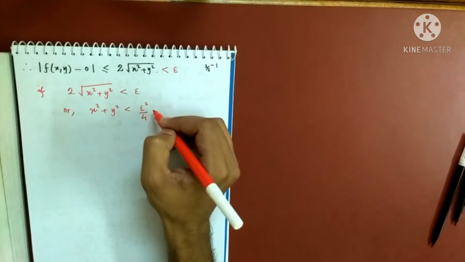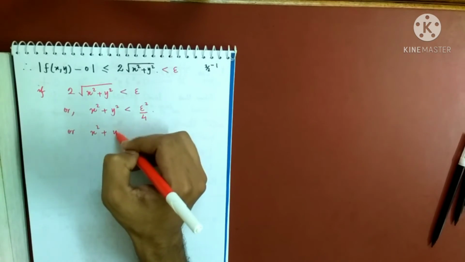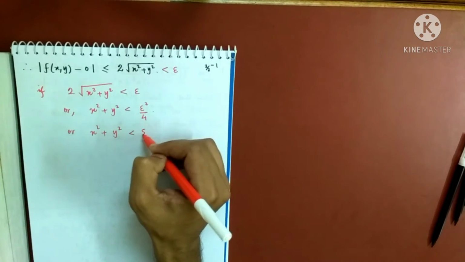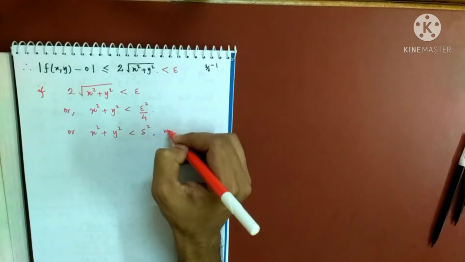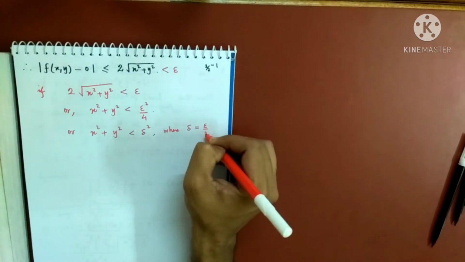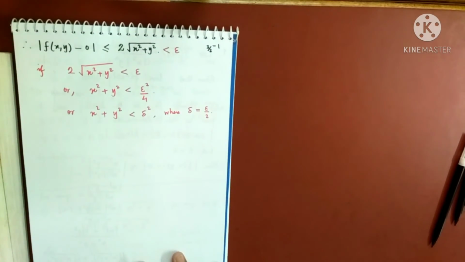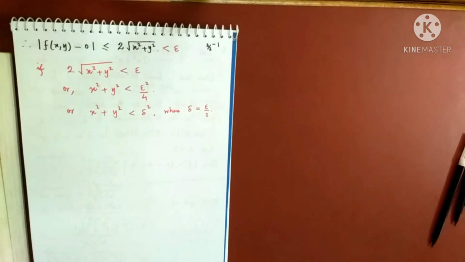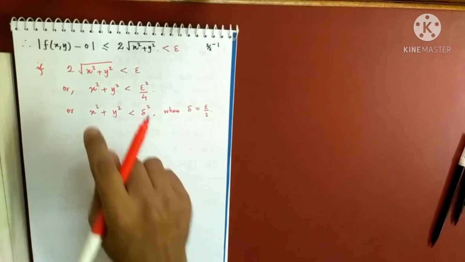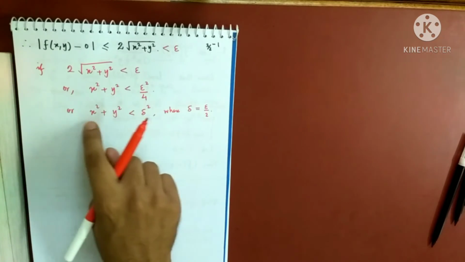So this can be written as x square plus y square is less than delta square, where delta equals epsilon by 2. So delta square will be epsilon square by 4. See, I have actually found out a neighborhood of x comma y. This is the circular neighborhood.